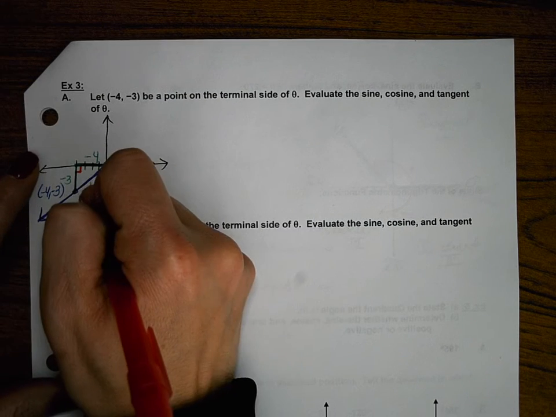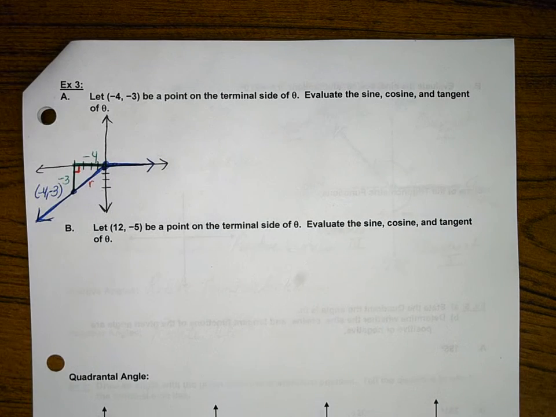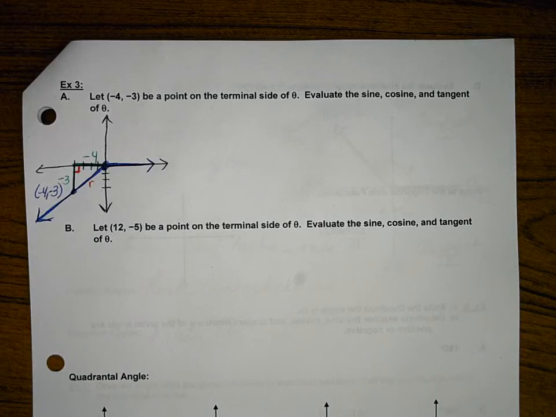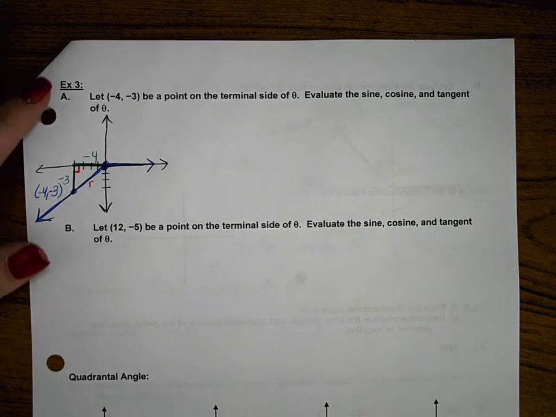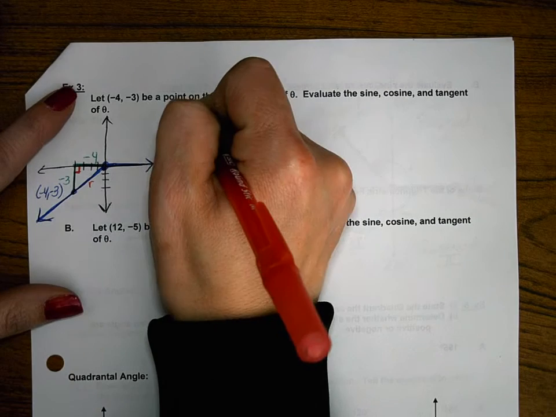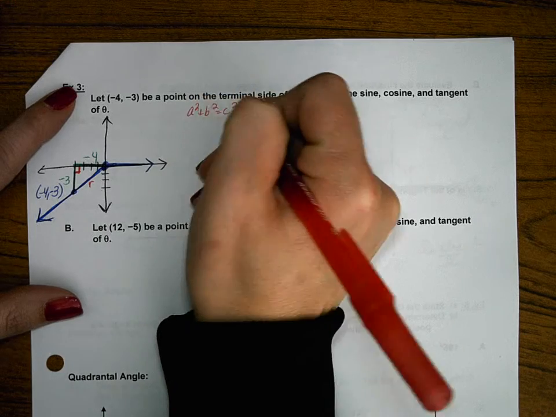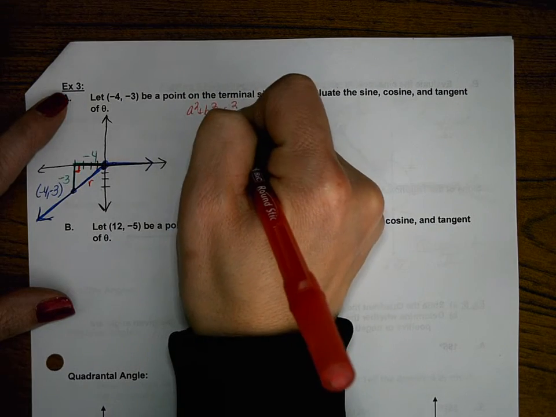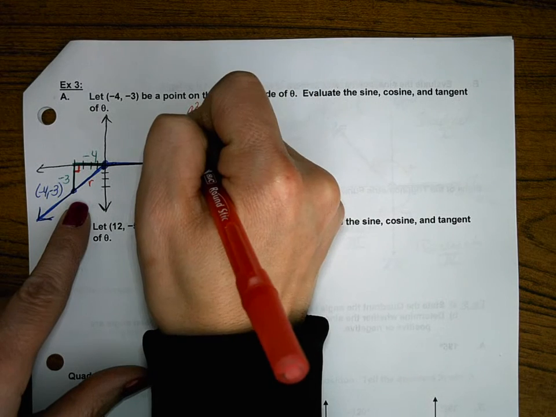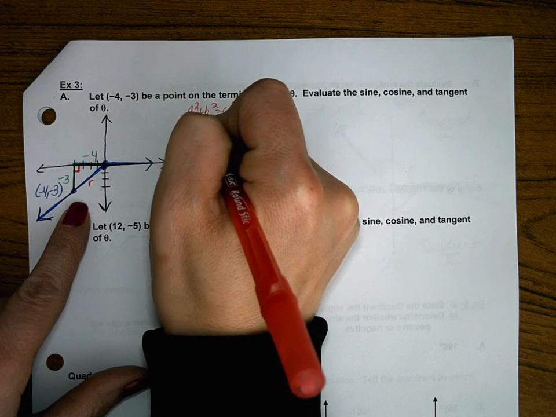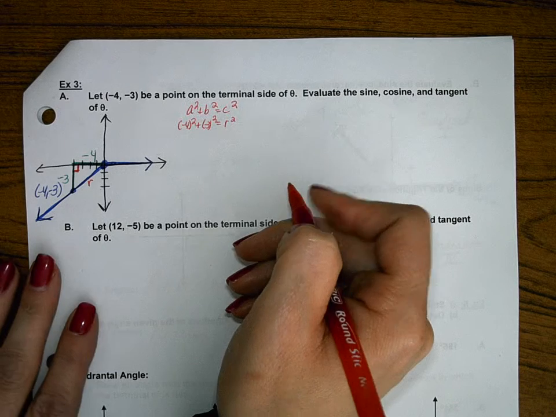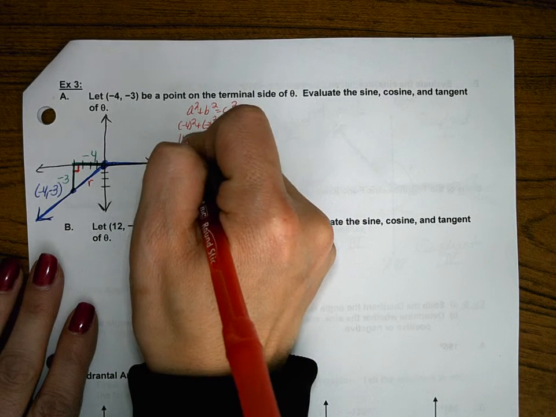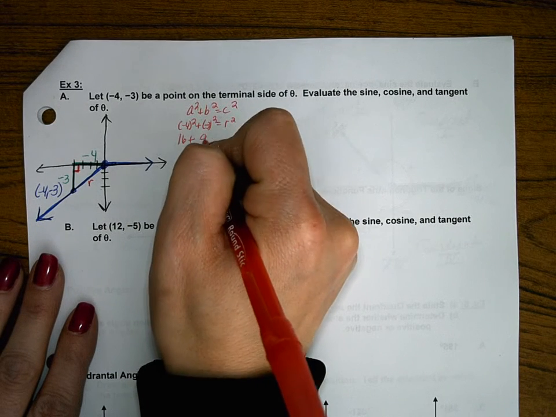Anybody have a thought on what we can do to find R? Which theorem? Pythagorean theorem. You bet. A squared plus B squared equals C squared. Which one's our C? R. So R squared is equal to -4 squared plus -3 squared. -4 times -4 is 16, plus -3 times -3 is 9, is equal to R squared.